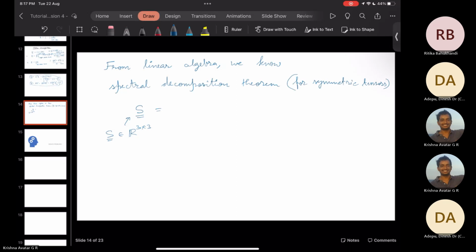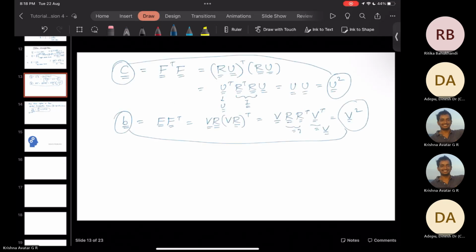Then this can be expressed as a summation of the eigenvalues of S times the eigenvectors, say n_i, tensor product with the same eigenvector n_i, and this goes from i equal to 1 to 3. This is what we call the spectral decomposition theorem. And we had seen from the lectures before, if I ask why C is symmetric, when you take C transpose, this is (F transpose F) transpose, which gives F transpose into F transpose transpose.